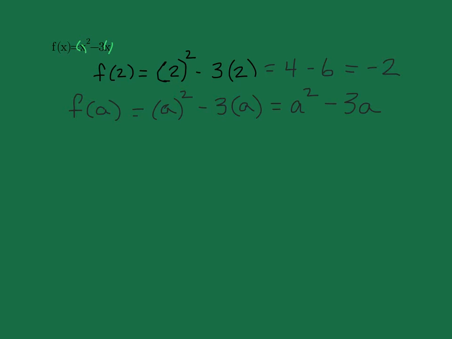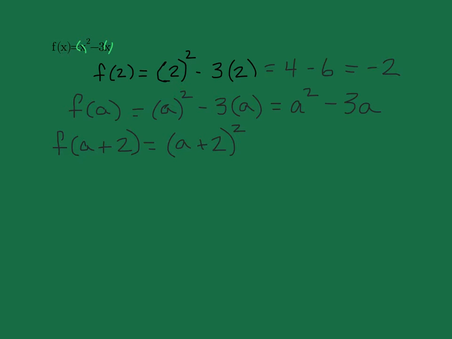Okay, let's get something a little more complicated for the input value. Let's evaluate f of a plus 2. So again, keeping the parentheses, a plus 2, that whole binomial there goes in place of the x in the original function.